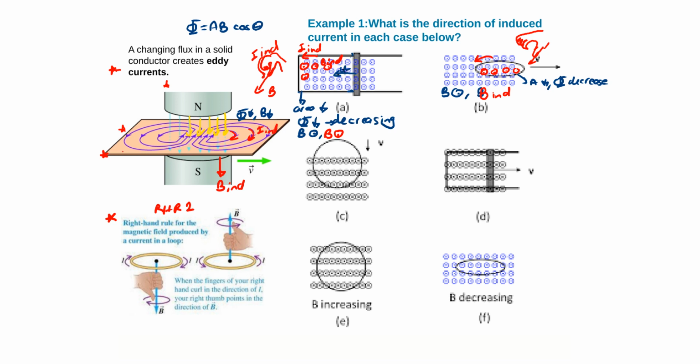Try the other side yourself. It's just going in. Flux is now increasing down. This side doesn't like it, and the induced magnetic field should be up to stop that increase. Right? And we'll have induced current in the opposite direction.